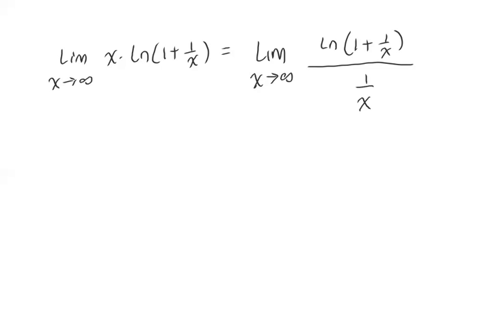I'm going to check the form again. The top we've said is 0. The denominator 1 over x as x approaches infinity also approaches 0. There we go. This is one of the indeterminate forms that I can use L'Hopital's rule for. Now that we rearranged it like that, we're allowed to use it.